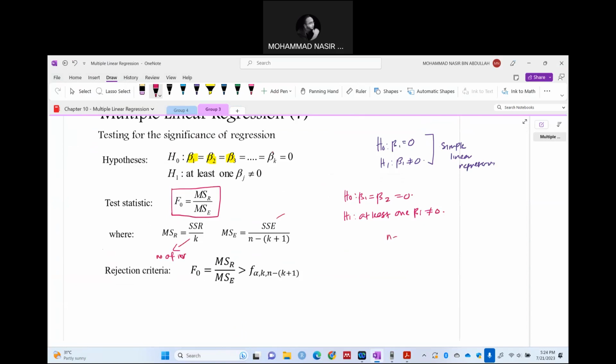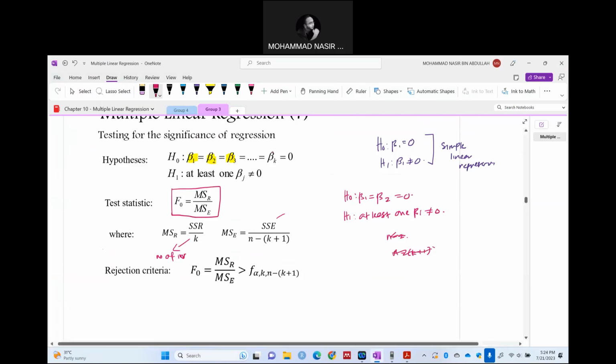Yesterday we got n minus 2, right? Why? Because n minus (k plus 1). So k, we only have one variable, so it should be minus 2. So this one, n minus (k plus 1). Let's say we have two variables, 2 plus 1, n equal to 25, 25 minus 3, right?